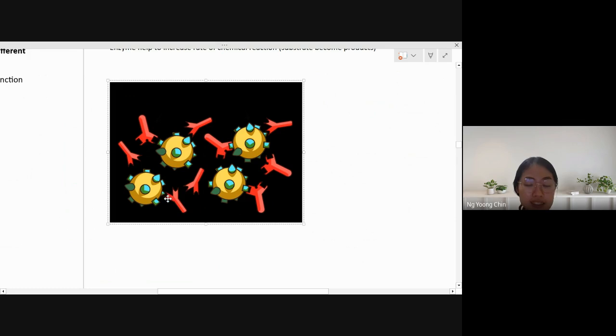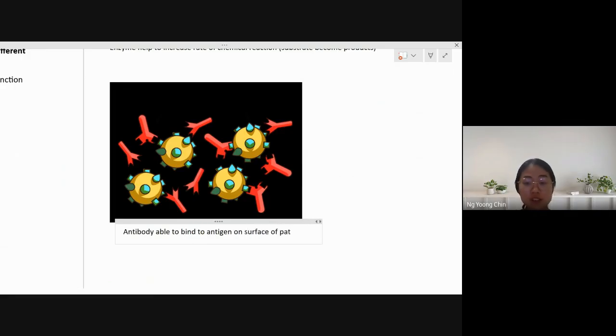You can see that this antibody is able to bind to the antigen on the surface of the pathogen.